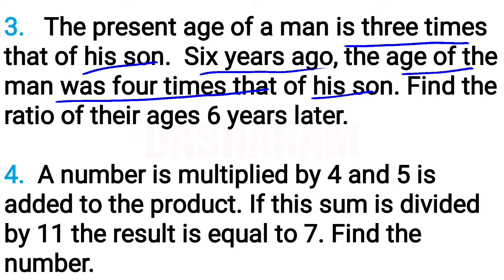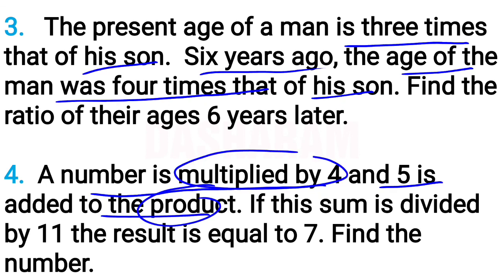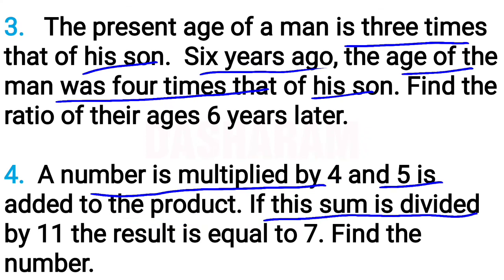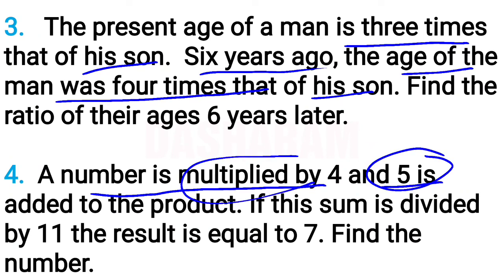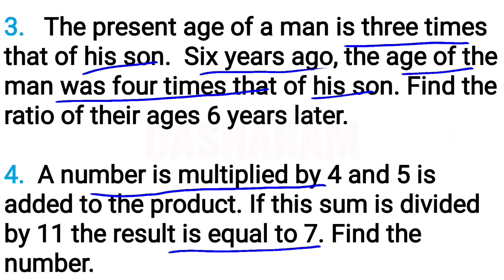Next, the fourth one: a number is multiplied by 4 and 5 is added to the product. This multiplied by 4 is the product. If the sum is divided by 11, where the sum is the product plus 5, and the result is equal to 7, then find the number.